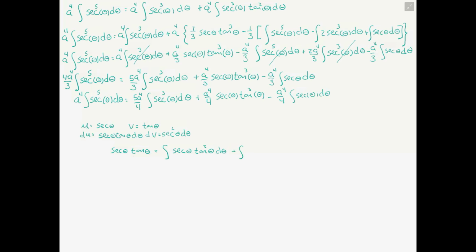And now I'm writing out my last term, which should be secant to the third theta d theta. And just rearranging everything in its proper order.